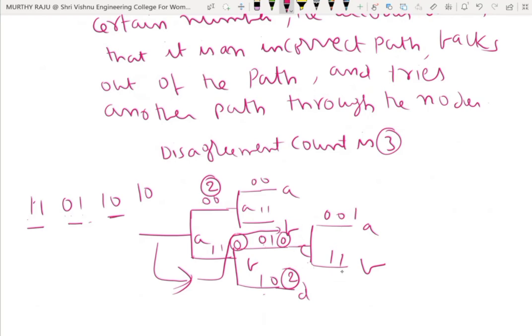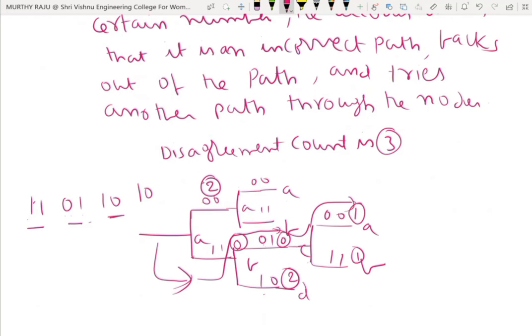Here 1 0 is compared with 1 1. The discrepancy count is 1. Whenever these discrepancy counts are equal, the decoder follows the upward direction like that.